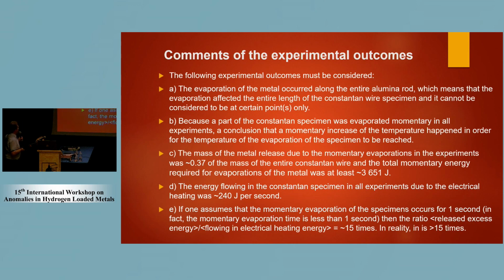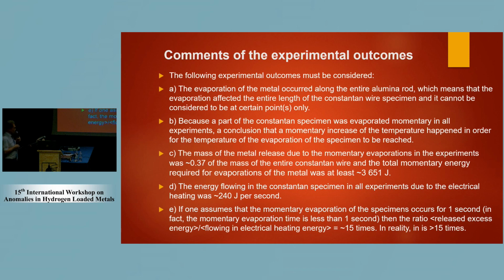So now, let's comment on the experimental outcomes. The evaporation of the metal occurred along the entire alumina rod, which means that the evaporation affects the entire length of the constantan wire specimen, and it cannot be considered to be a certain point only, which means that we don't have something pertaining to thermal shock or something else.